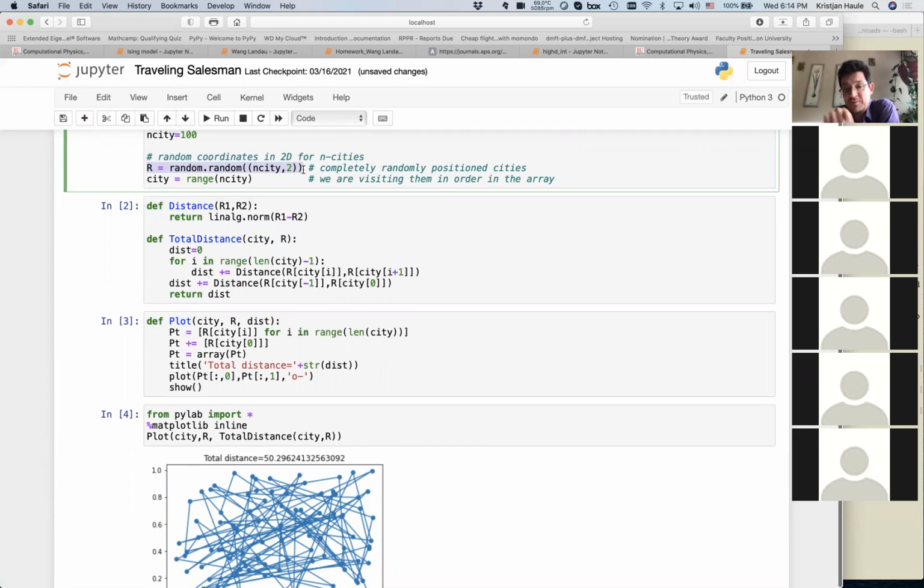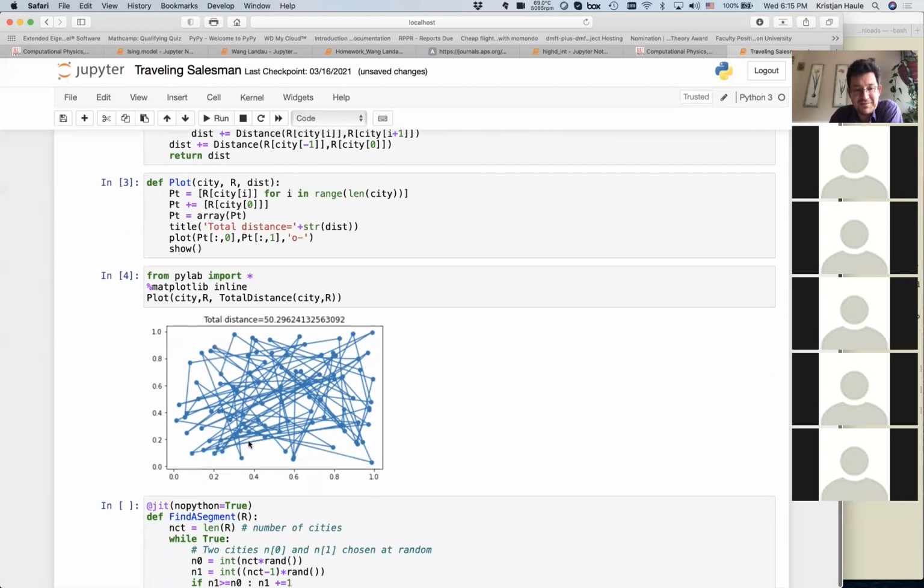So they are completely randomly distributed in the 2D space. We could take something from a map, from geography if you wanted to, but for our purposes, randomly generated cities are just good enough to see whether the algorithm works.